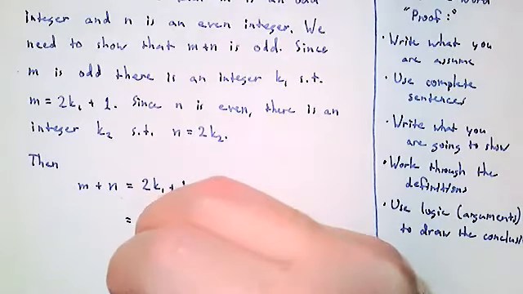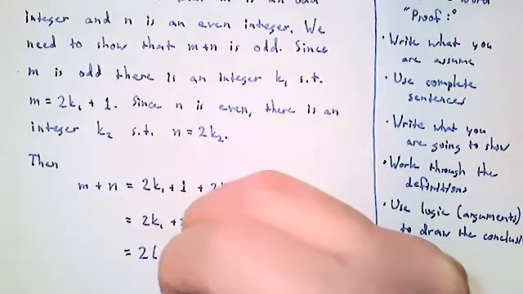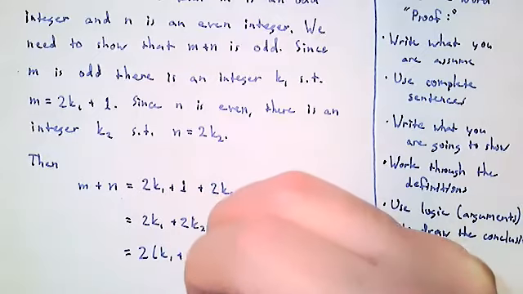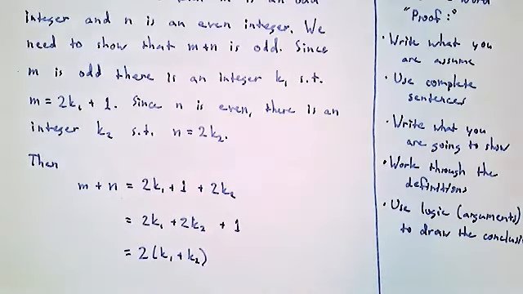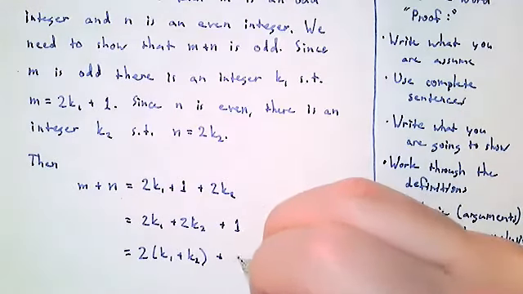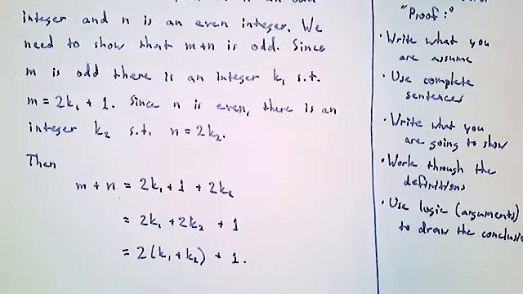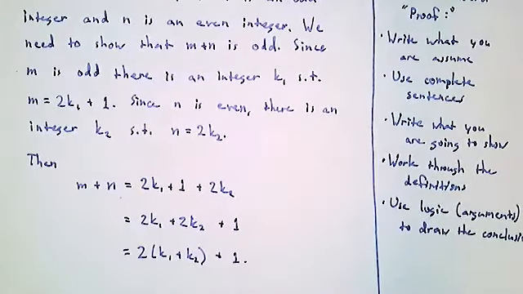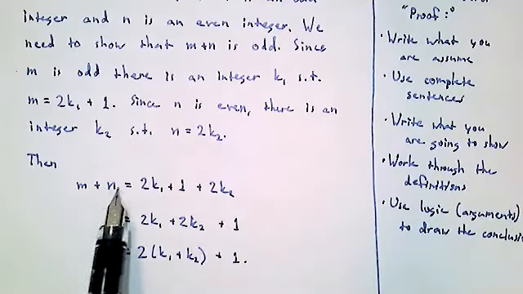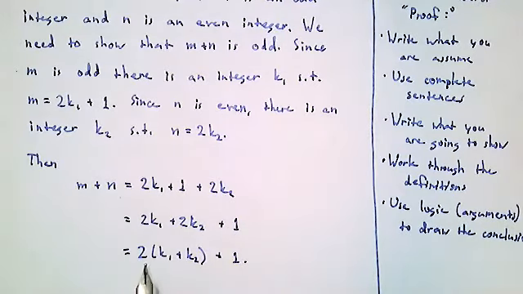So let's factor it out. 2 times (k1 plus k2). And that's exactly what we were looking for. m plus n is equal to 2 times this integer plus 1.